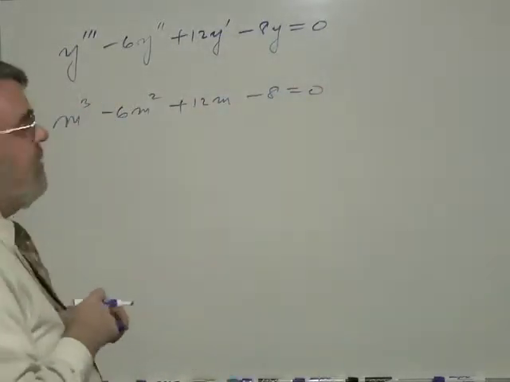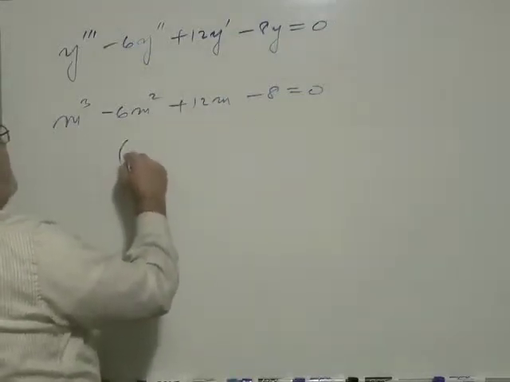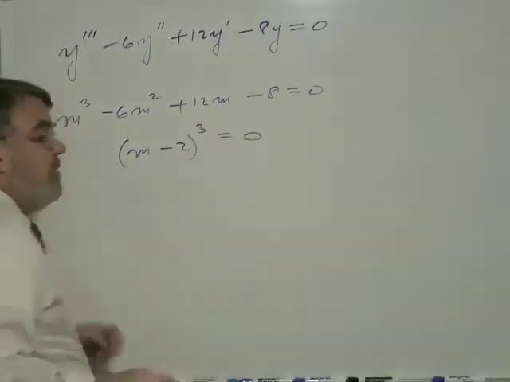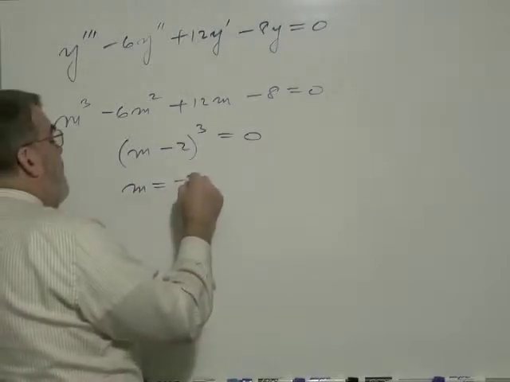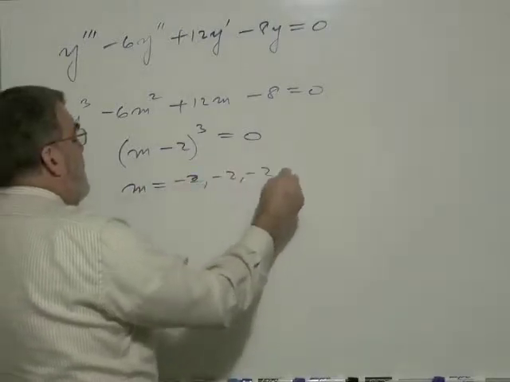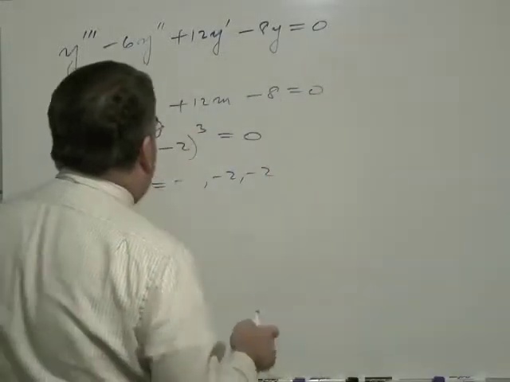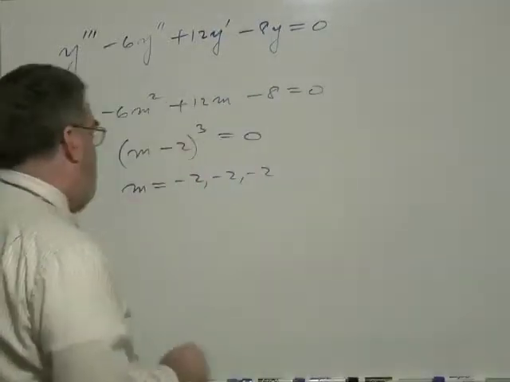Now I contrived this. It turns out that this ends up factoring. It's m minus 2 to the third power equals 0. And so there are actually 3 roots that are all repeated: 2, 2, and 2. So can I just write out the solution to that?